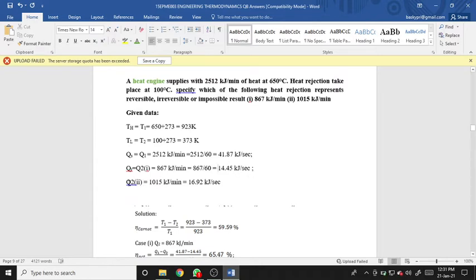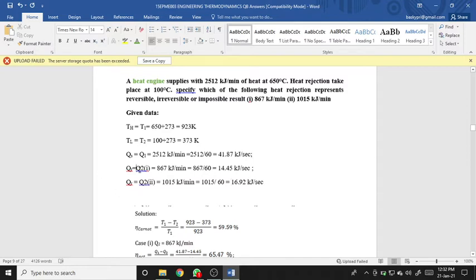Next, the same heat rejection, or Q2, for the second case. The value given is 1015 kilojoule per minute. Here the minute needs to be converted into second, so the conversion is dividing by 60. So 1015 divided by 60, you can get the answer of 16.92 kilojoule per second.